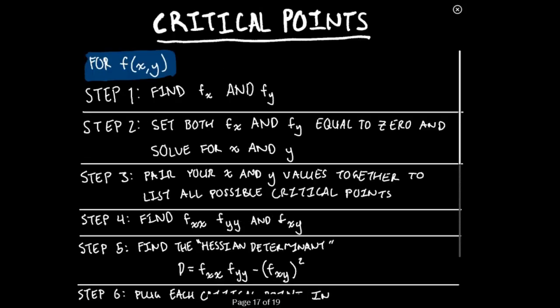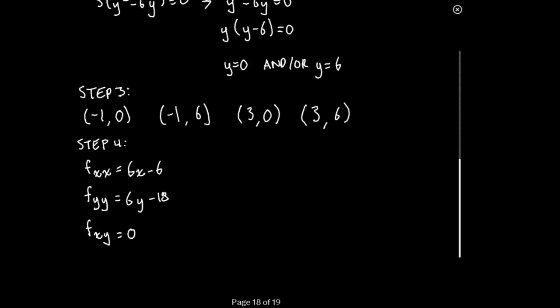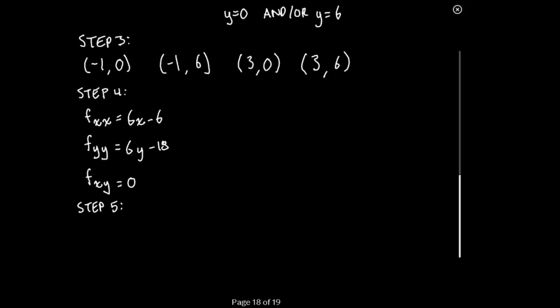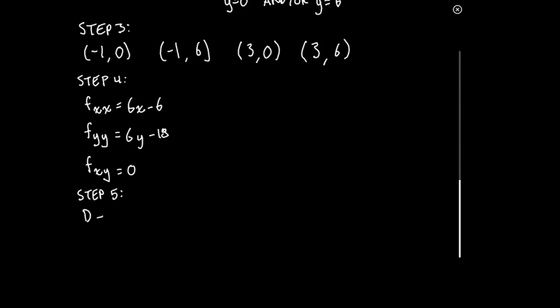So step 5 is to find the Hessian determinant, which is given by this equation down here. So let's do that. Step 5. D is equal to fxx multiplied by fyy minus fxy squared. Okay, well, let's plug in our values for each of these.